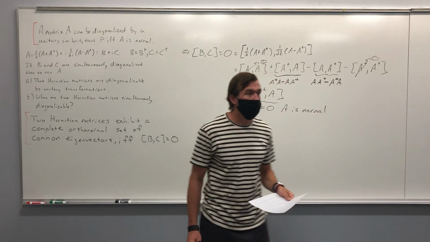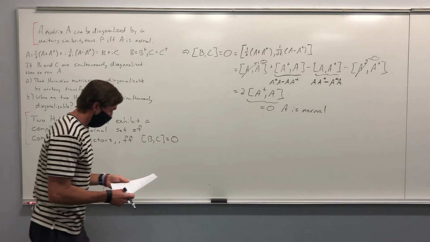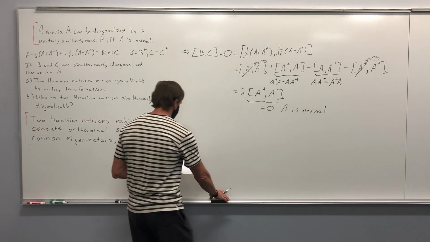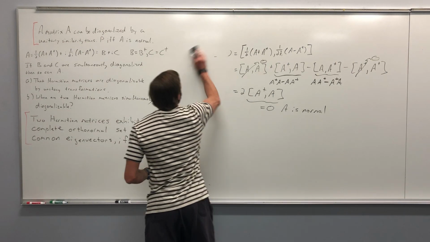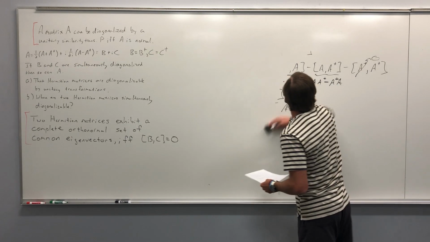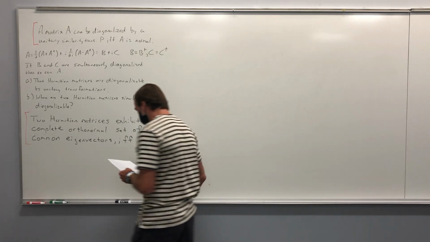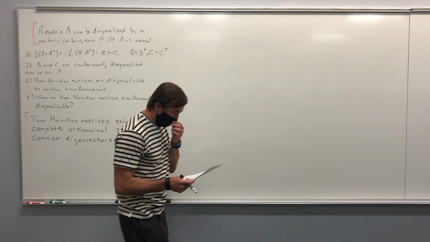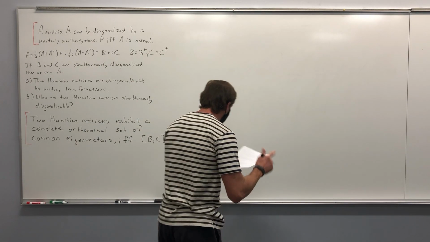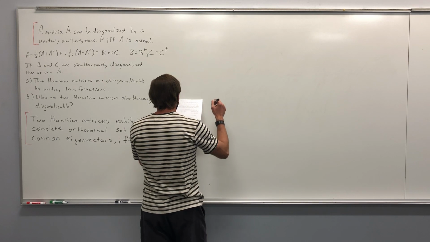Are we all on board? Okay, now, a follow-up to that is the following, which is going to make connection with the homework that you just did. You might suspect the following.